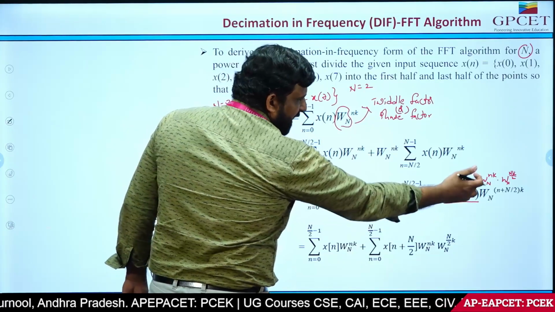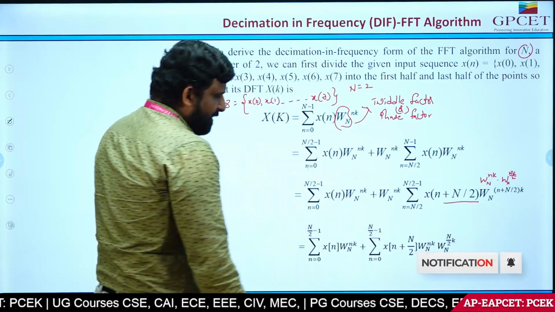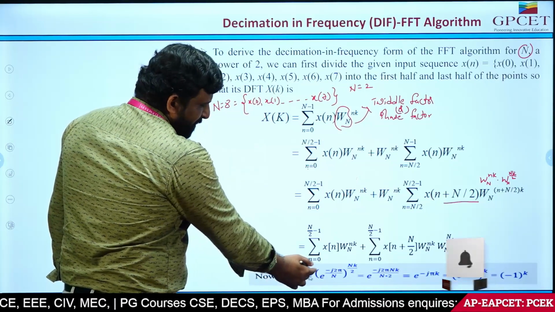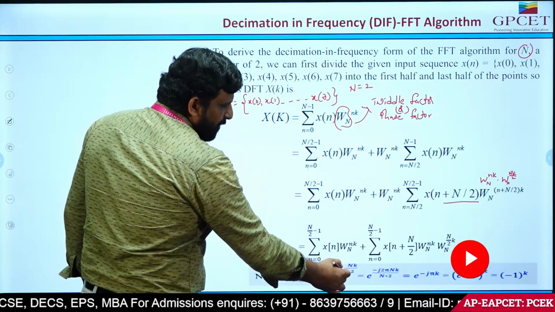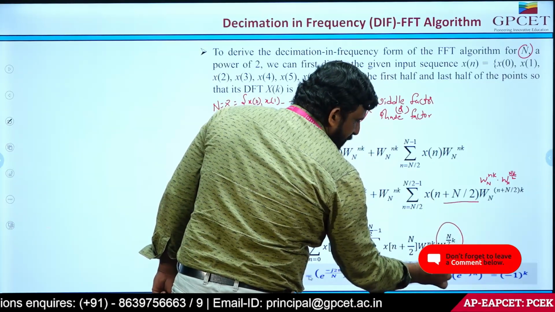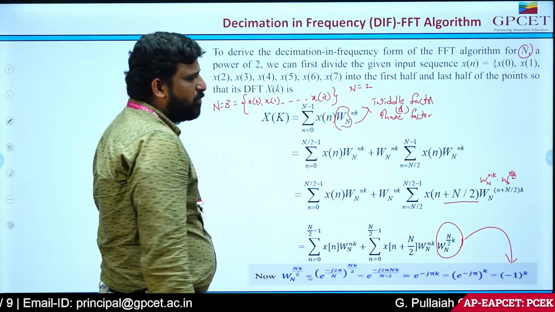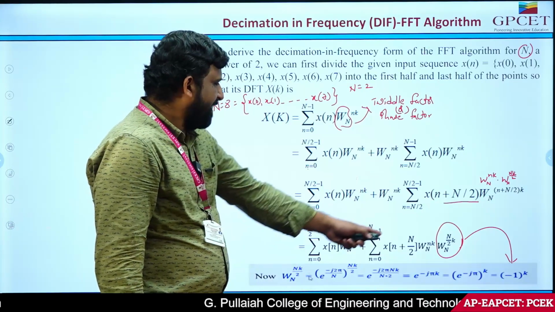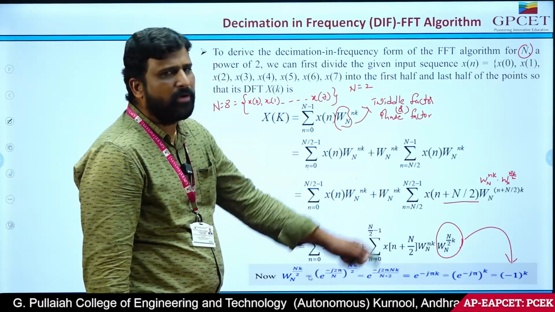We know this property, W_N to the power of k is e to the power of minus j 2 pi by N. So after doing this, according to this property, we can write this W_N to the power of N by 2 into k as minus 1 to the power of k. According to the third property which we discussed in the previous lecture, we can write this particular W_N to the power of N by 2 into k as minus 1 to the power of k.